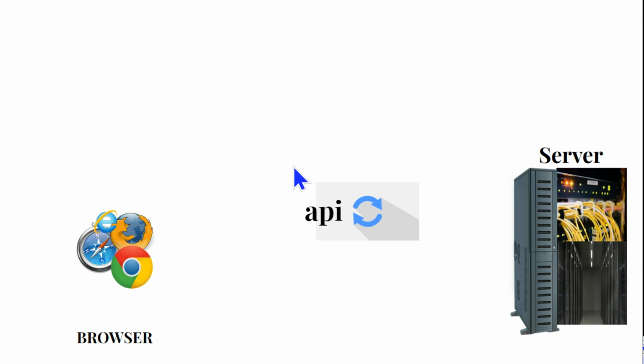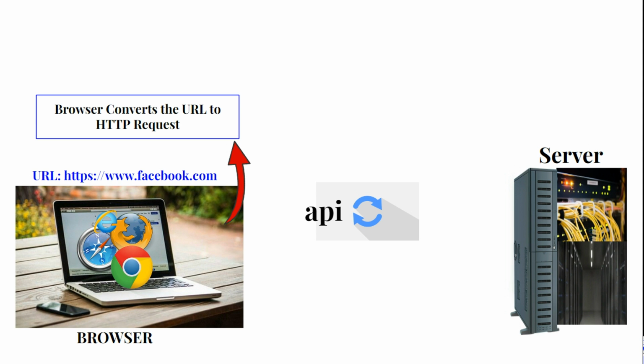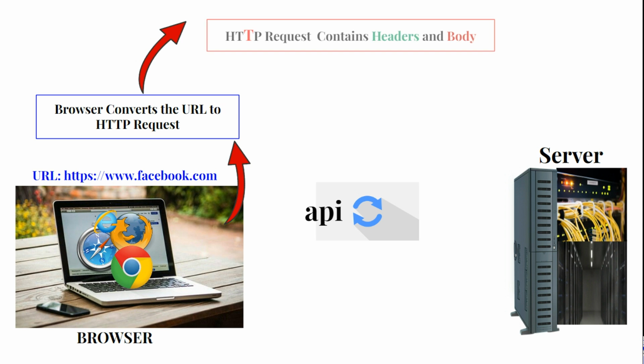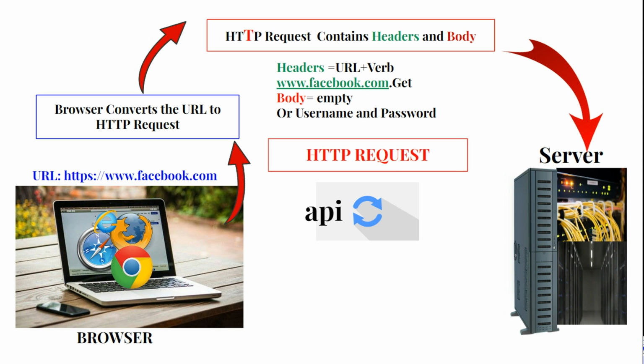In the previous video I explained that when you type a URL on your laptop, the browser converts it to an HTTP request, having a header and a body. All this we learned, and then it goes to the server. This is the main keyword you should remember: HTTP request.